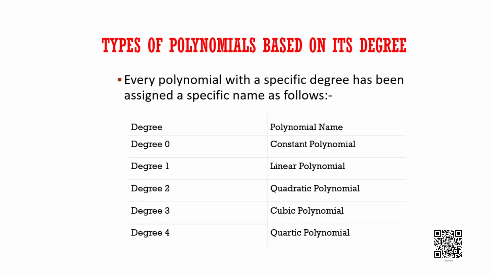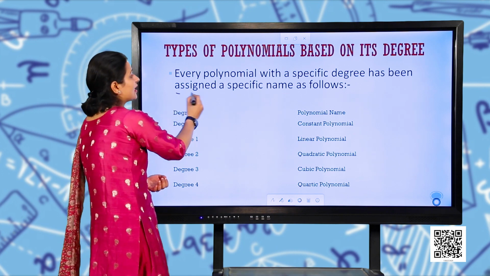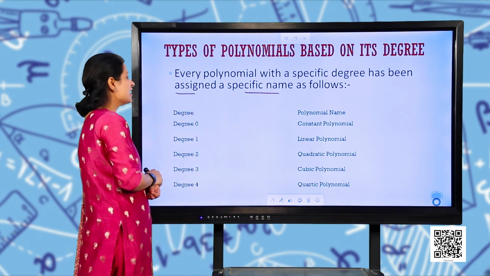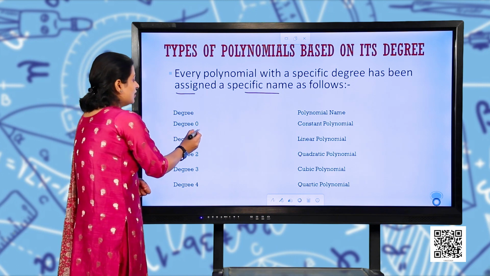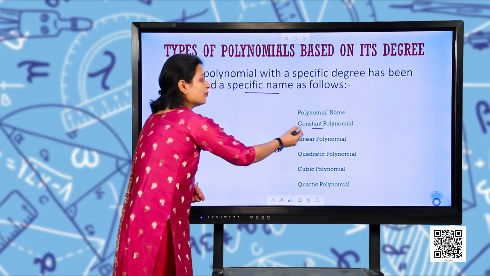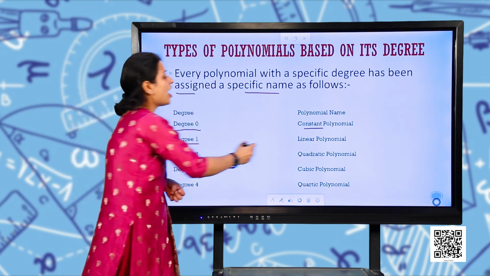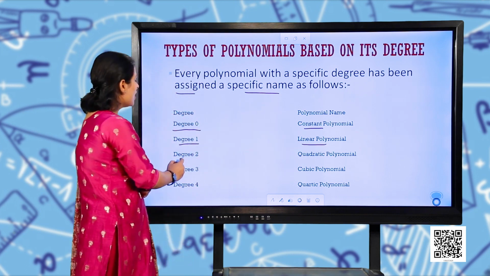Now, types of polynomials based on its degree. Every polynomial with a specific degree has been assigned a specific name. As you can see, the polynomial with degree 0 is what? A constant polynomial. Polynomial with degree 1 is what? A linear polynomial.